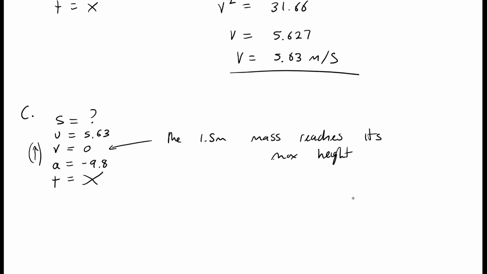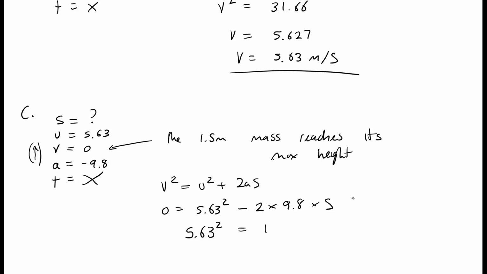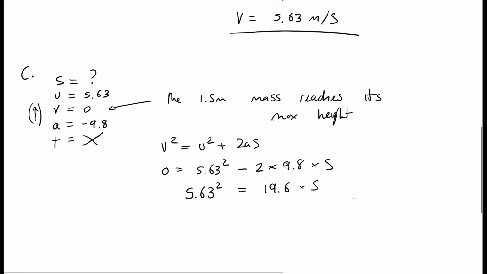Again, we need to use the same equation as last time. V squared equals u squared plus 2as. So 0 equals 5.63 squared minus 2 times 9.8 multiplied by s. 5.63 squared is equal to 19.6 times s.